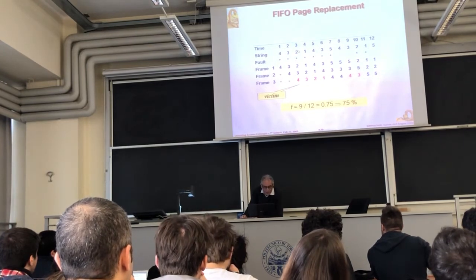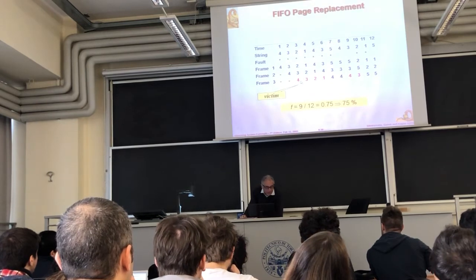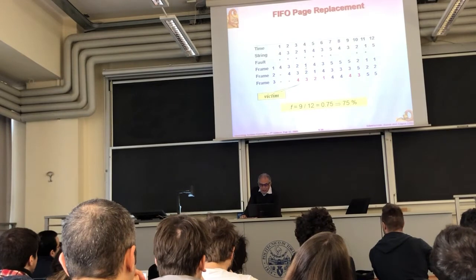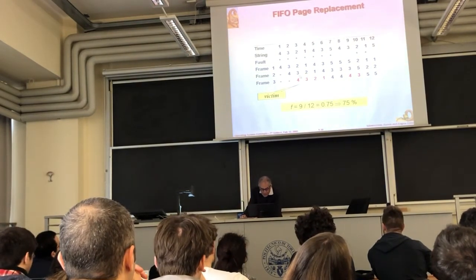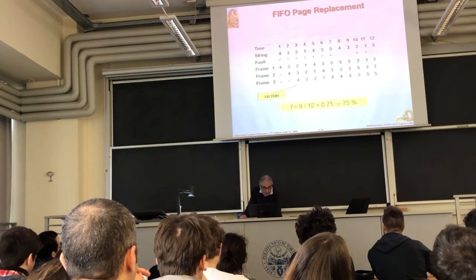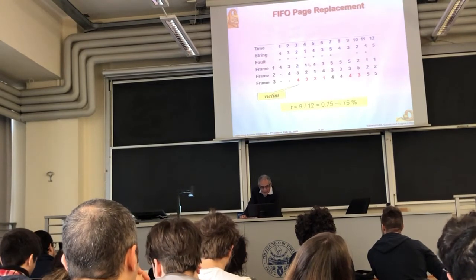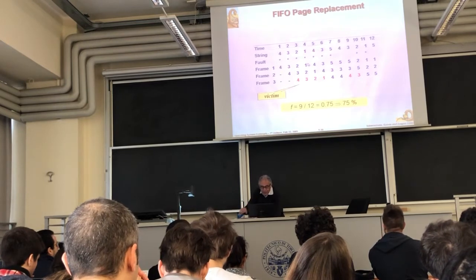Another page fault occurs for the reference to page 2. So 2, 3, and 4 are now in memory. Now there is a reference to page 1, another page fault. So 4 is selected as a victim, because it was the oldest, and 1 enters as the newest, and 2 goes down.